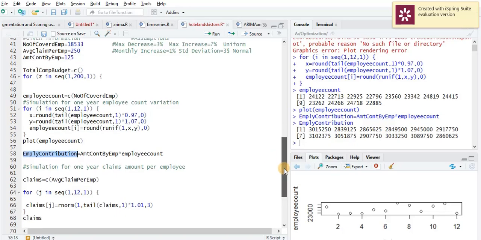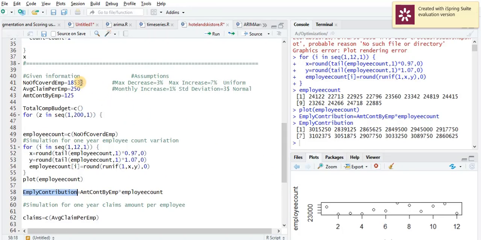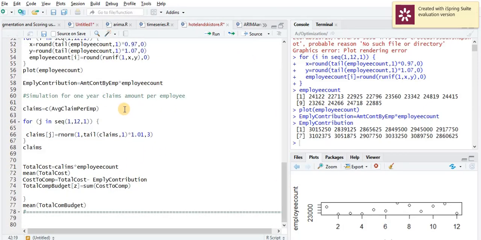Now we have to simulate employee claims for one year. It has been mentioned that the employee claim last month was $250. So we have to simulate this for a 12-month duration.